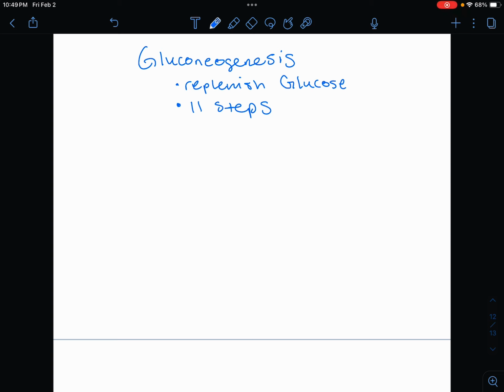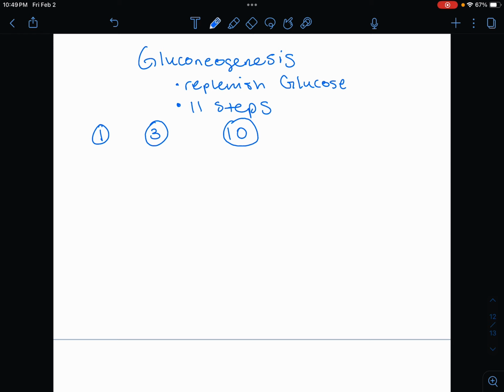We have to focus on the first, the third, as well as the 10th steps from glycolysis. These are going to be different. They require a lot of energy in gluconeogenesis to work around, so we have some different enzymes and other factors in play. But other than those steps, it's basically just the glycolysis reactions in reverse.